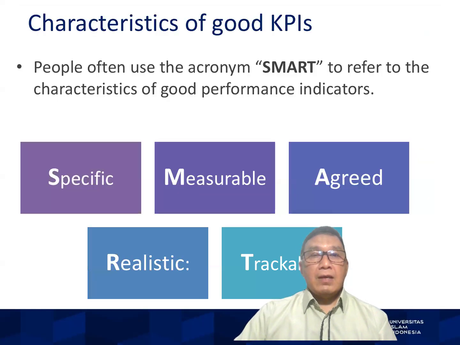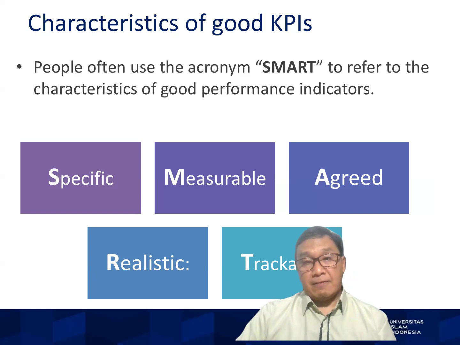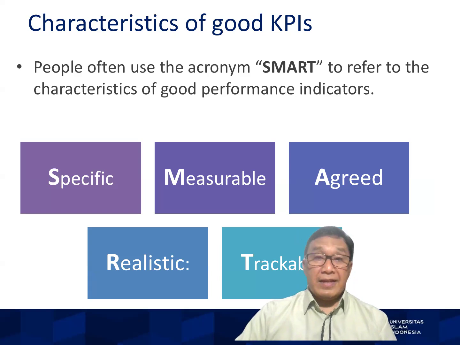And this is the characteristic of a good KPI. A good KPI should consist of these characteristics, for which we can use the acronym SMART. SMART stands for specific, measurable, agreed, realistic, and trackable.